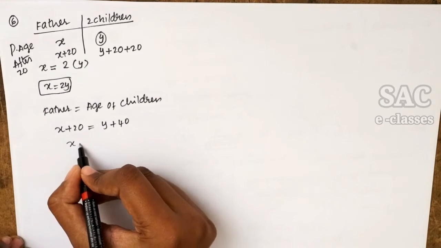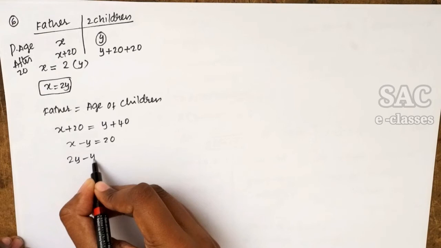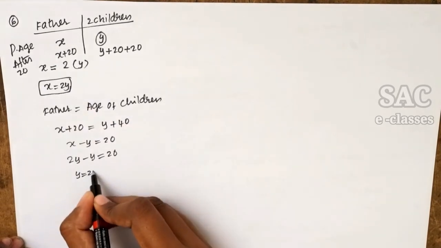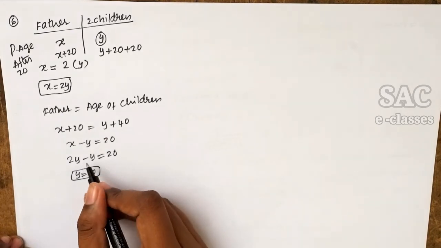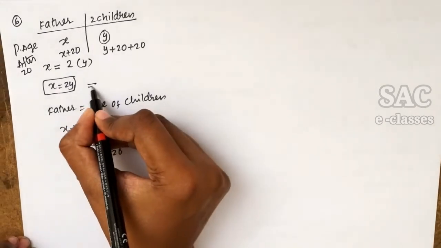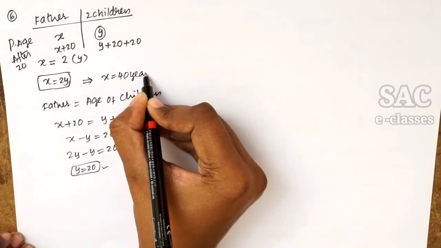Then x minus y equal to 20, then 2y minus y is equal to 20. As we know x means 2y, then y value is 20. Sum of the ages of his two children is 20. Then they are asking you to find the age of the father, then x is equal to 40. The father is 40 years.